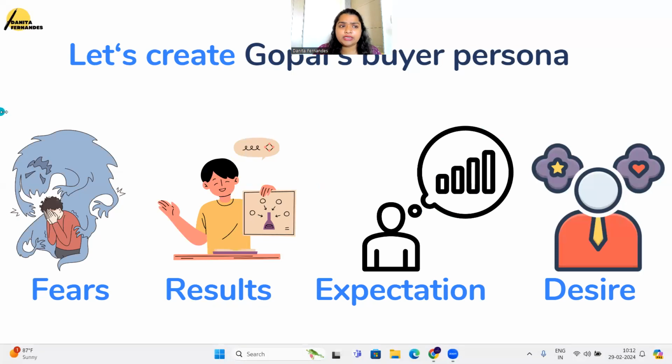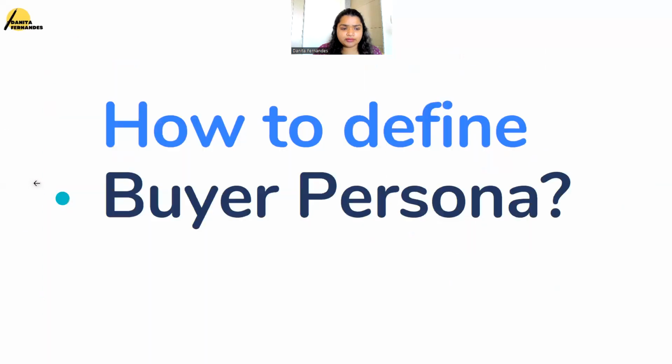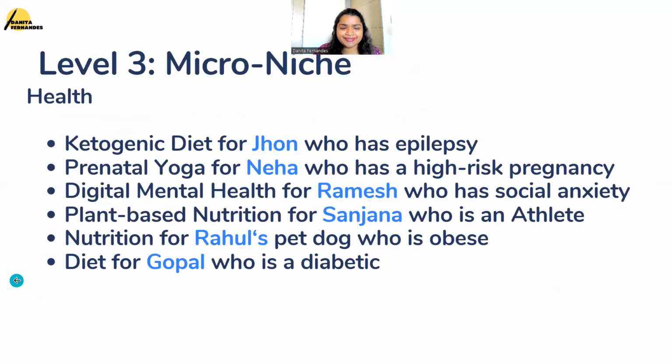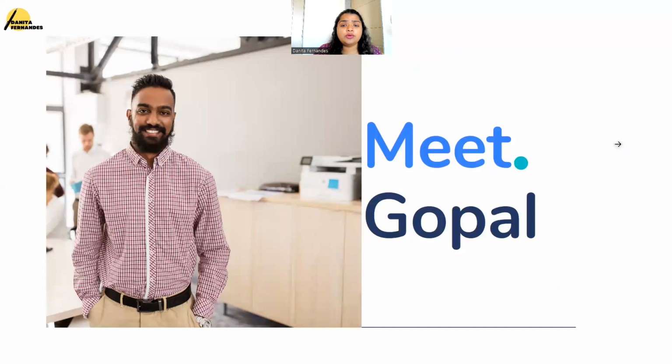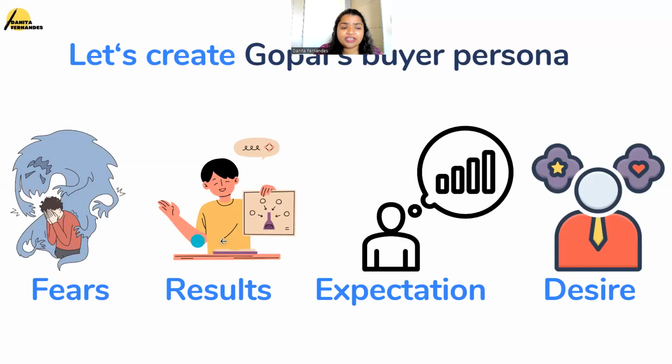So till now, we understood Gopal is a diabetic, right? In case you forgot, we understood Gopal is a diabetic. Now, we are on the way to create his persona. What I mean by creating persona is we want to understand Gopal's fears, results, expectations, and desires.